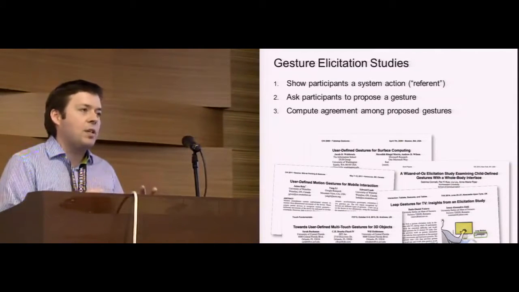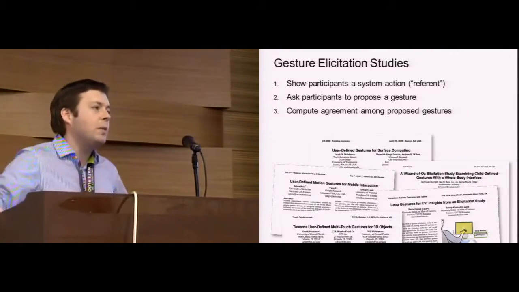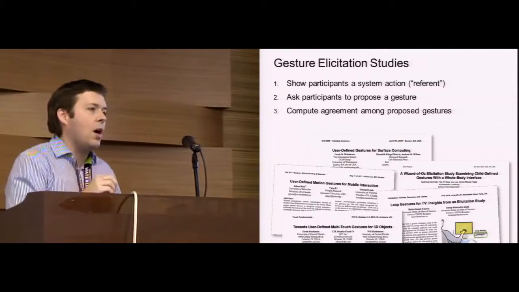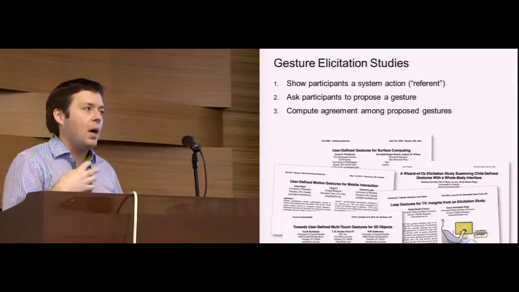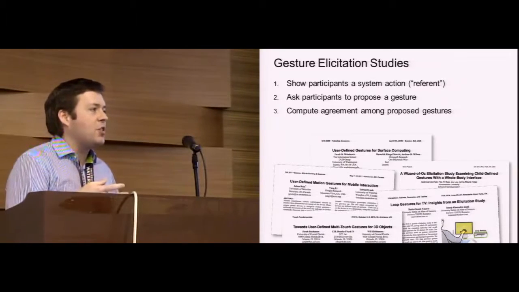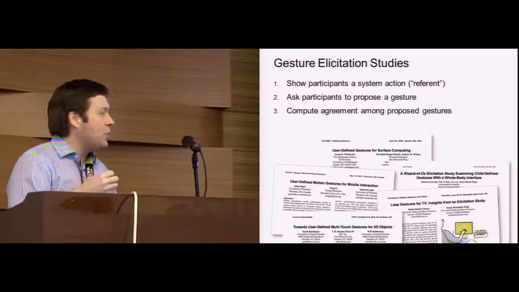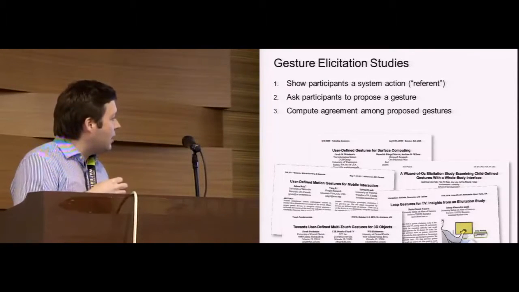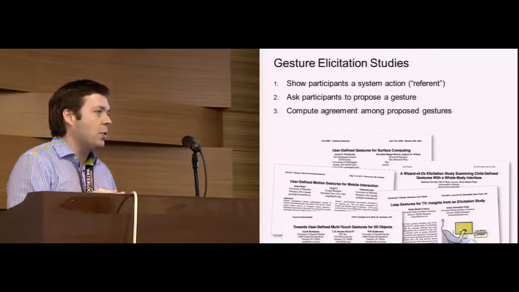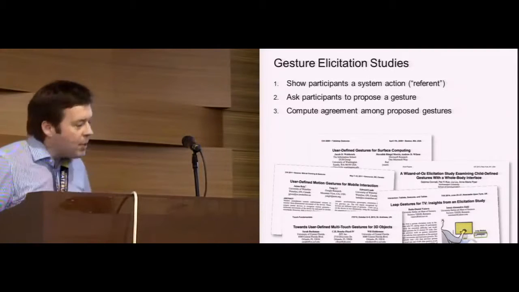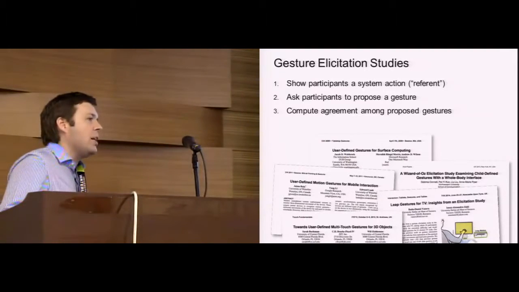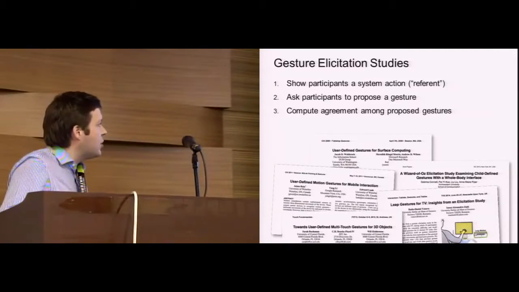Really, you're trying to see whether there's some consensus, some sort of cognitive mapping that makes sense for end users in terms of the task you want them to accomplish. The problem with elicitation studies is that there are biases that crop up.